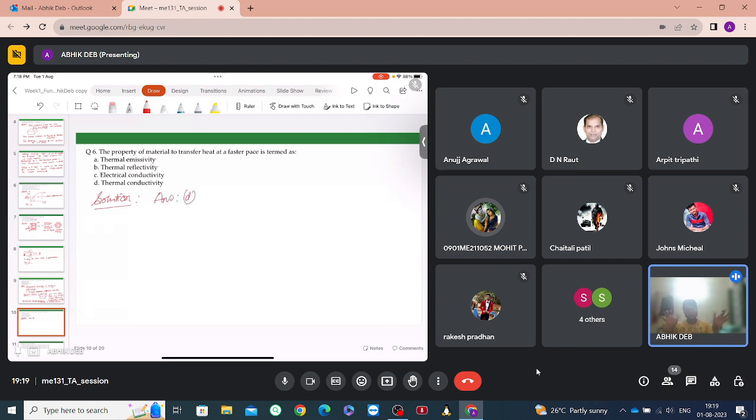So just to clarify, what is thermal emissivity? Thermal conductivity is denoted by K. I am asking what is thermal emissivity, the option A. No idea.